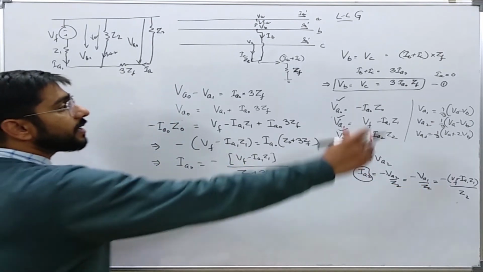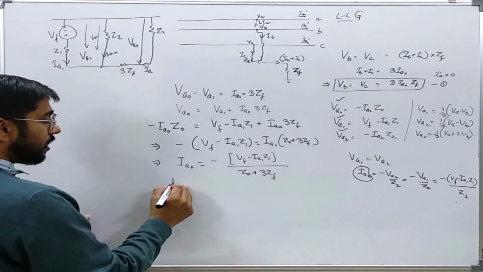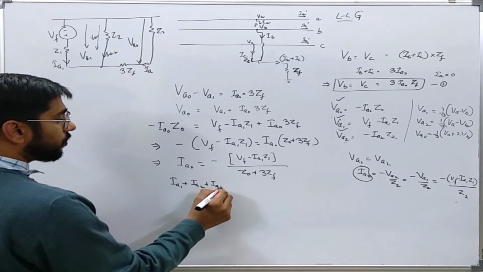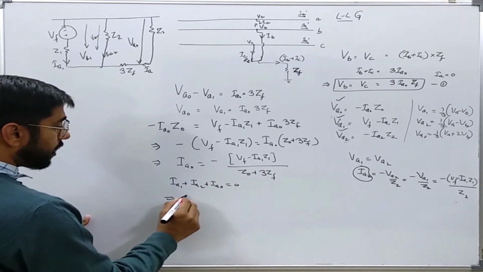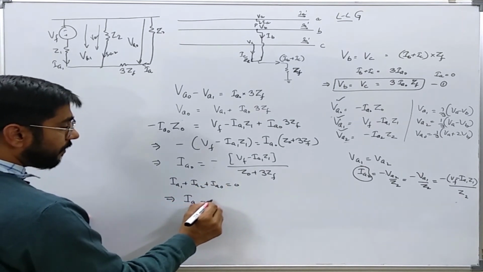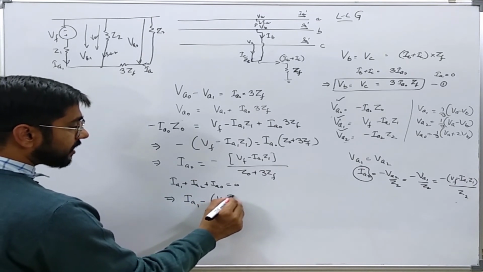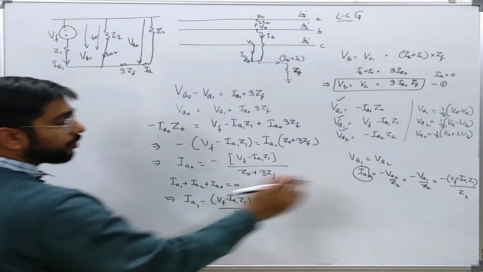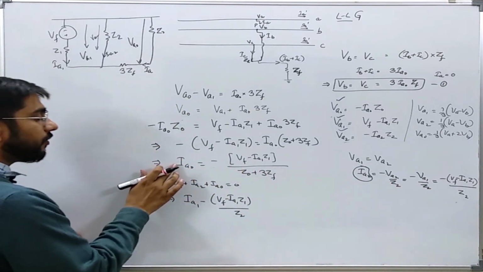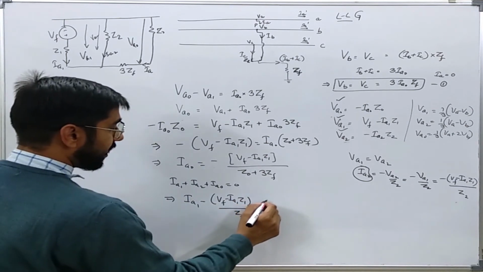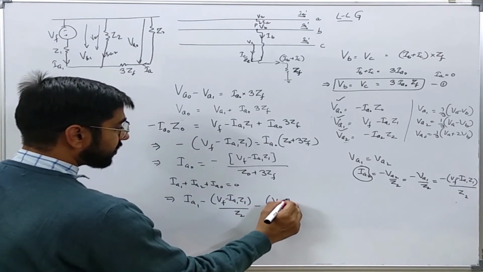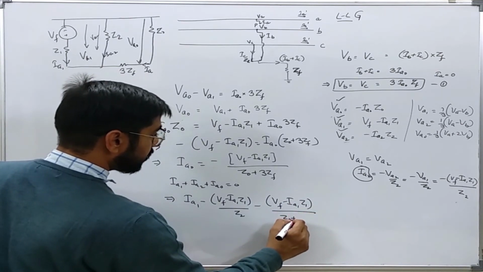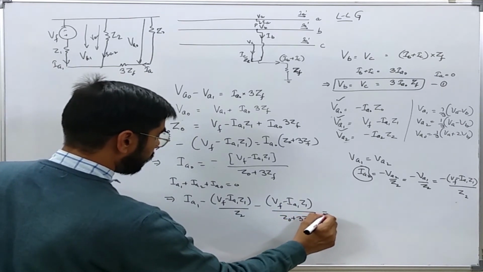Now we know that Ia is equal to 0. So Ia1 plus Ia2 plus Ia0 is equal to 0, or Ia1 minus (Vf minus Ia1 Z1) over Z2. I have put the value of Ia2 from here. Similarly, I will put the value of Ia0 from here, minus (Vf minus Ia1 Z1) over (Z0 plus 3Zf), is equal to 0.